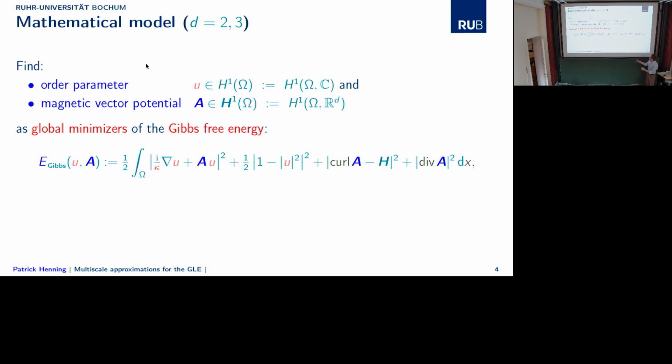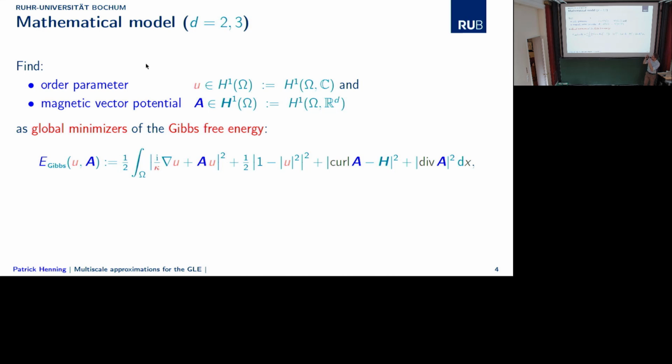I will not explain all the terms in detail, but the most important thing is that you do not only minimize for the order parameter that you're interested in, but you simultaneously also minimize for the magnetic vector potential A. This magnetic vector potential, again, is not really a physical observable, just like u itself.